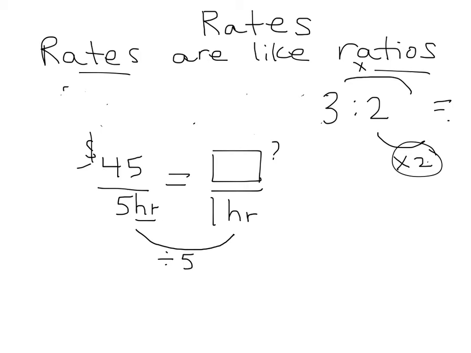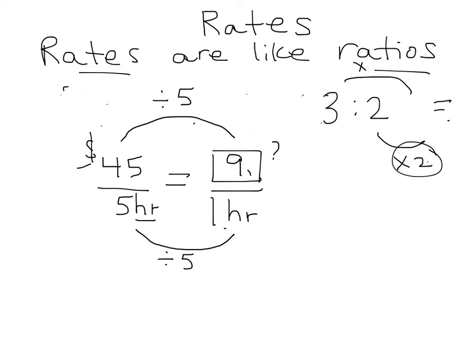So if I'm dividing the bottom number by 5, I have to divide the top number by 5 as well. And we know that 45 divided by 5 is 9. So how much money did I make per hour? I made $9 in 1 hour.